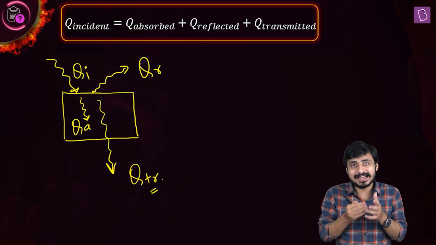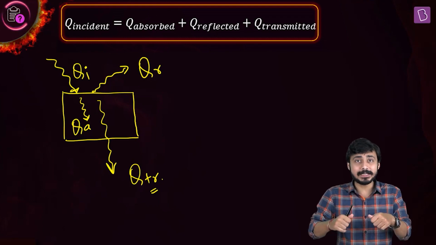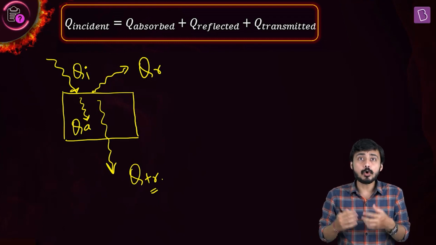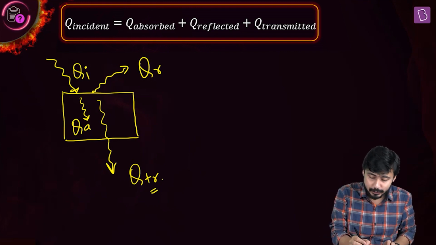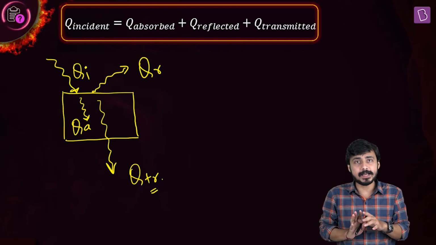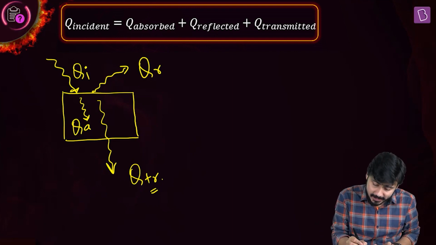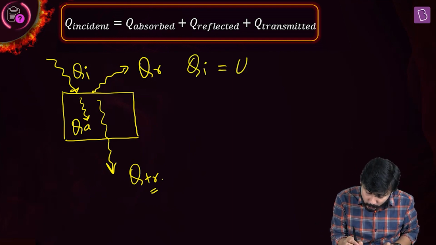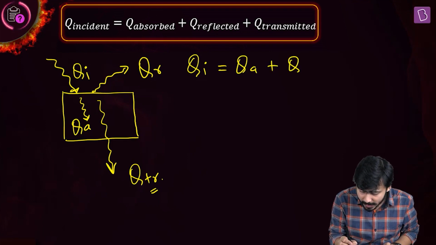The total incident energy is getting split into three categories, so all three energies, the absorbed, the reflected, and the transmitted, in total should be equal to QI. Now, what I can write is QI is equal to QA plus QR plus QTR.